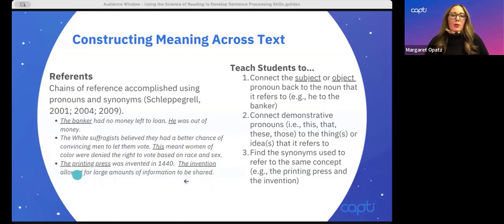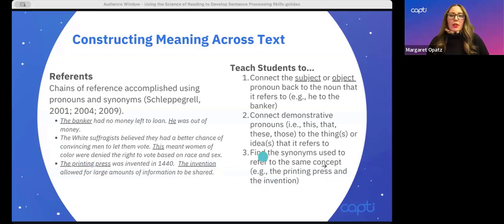And then the final one is synonyms. We use synonyms a lot, again for that variation. We don't want our readers to get bored of us saying the printing press, the printing press, but that can cause issues for comprehension as we're reading across this sentence and connecting to the next sentence. We have to recognize that we're referring back to the printing press.